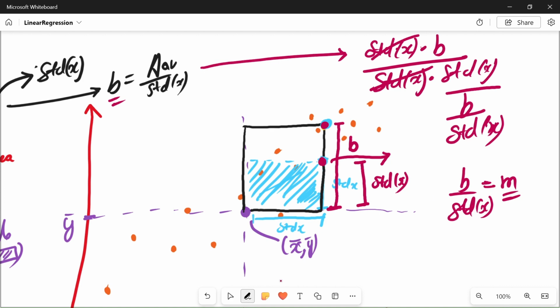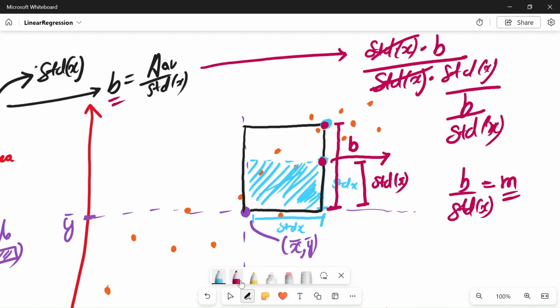So what is it actually doing? Now, if you see closely, this is just the ratio of the heights of these two rectangles or these two figures.